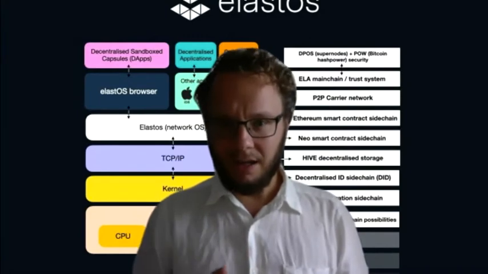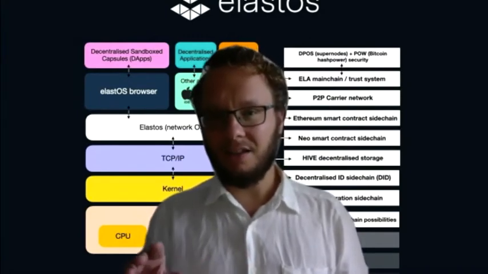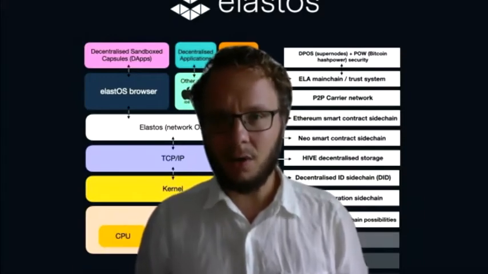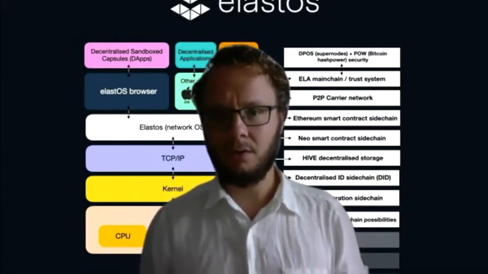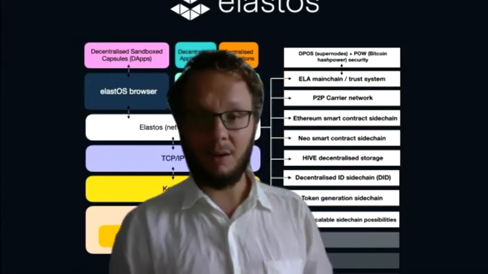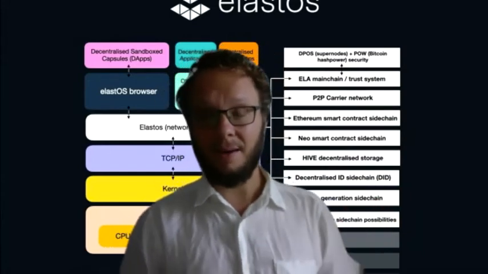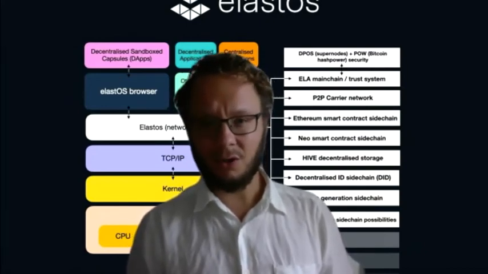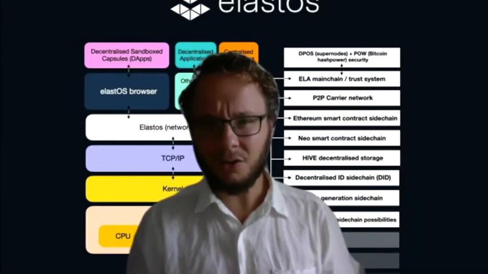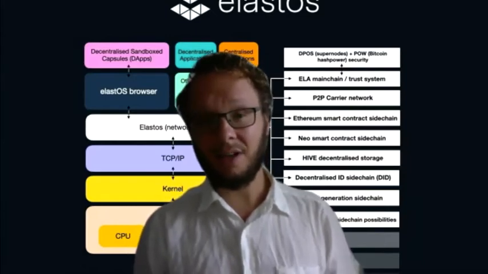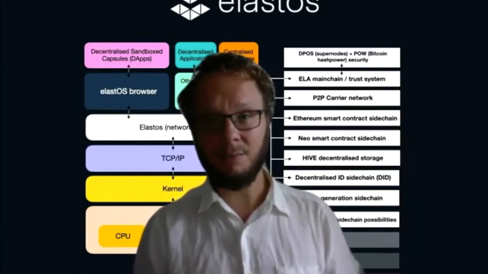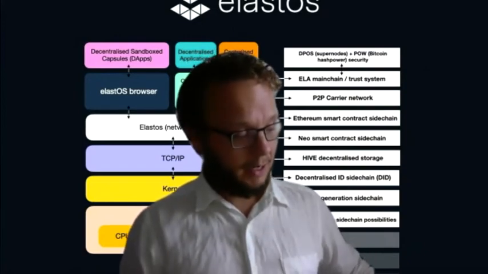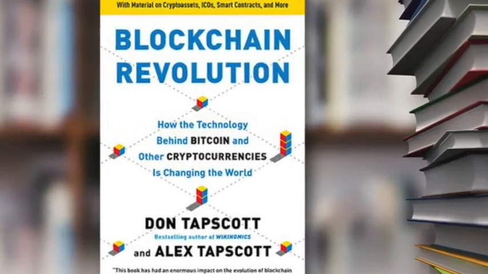Once you've mapped it all out, that's the step where you can start decentralizing it. And in order to decentralize things, you need to know what kind of tools you have at your disposal. A couple of them are literally behind me here. We've got the carrier network, we've got the Elastos, we've got decentralized storage, we've got a whole bunch of stuff that we can use to decentralize, and the different levels of centralization and decentralization, but that's a topic for a different moment. One of the tools that we use in our education is The Blockchain Revolution, written by Don Tapscott.